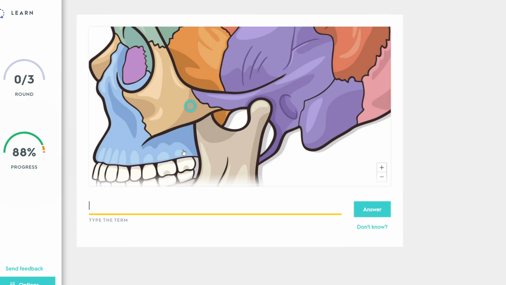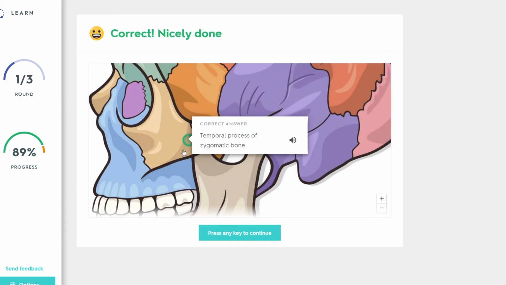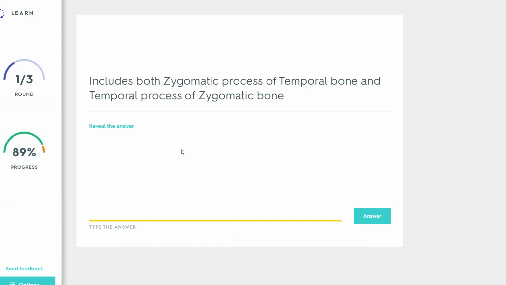Can't give up. Okay, that is the opposite. You are the temporal process of zygomatic bone. Yes, we did it. Includes both zygomatic process of temporal bone and temporal process of zygomatic bone.